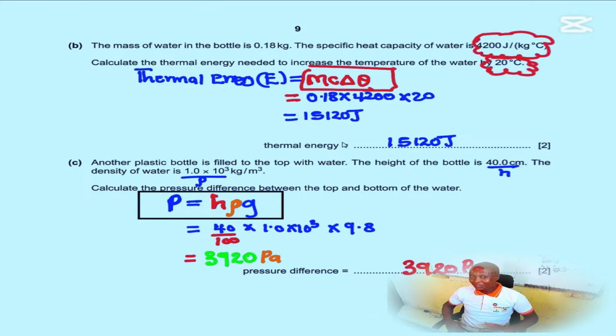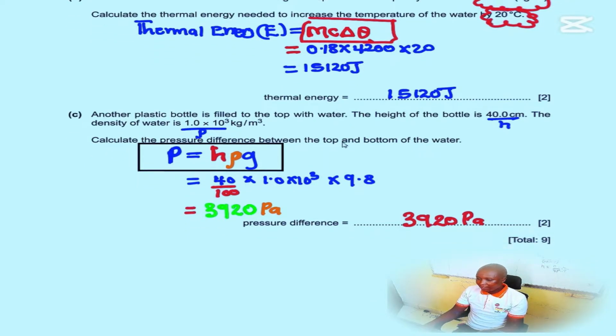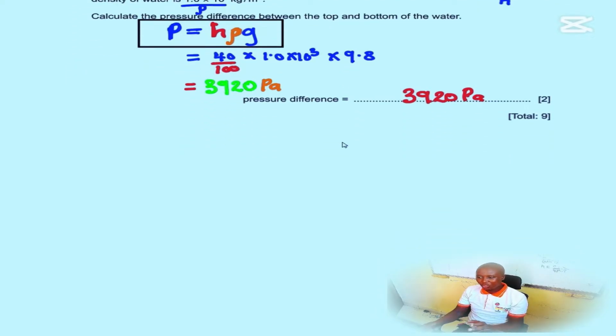If you forget that, you will lose marks. So we say 40 over 100 to convert centimeters to meters, times the density, which is 1.0 times 10 to the power 3, times 9.8, which is gravity. Gravity is provided on the first page of your paper. If you work it out, you get 3920 pascals as the unit of pressure.